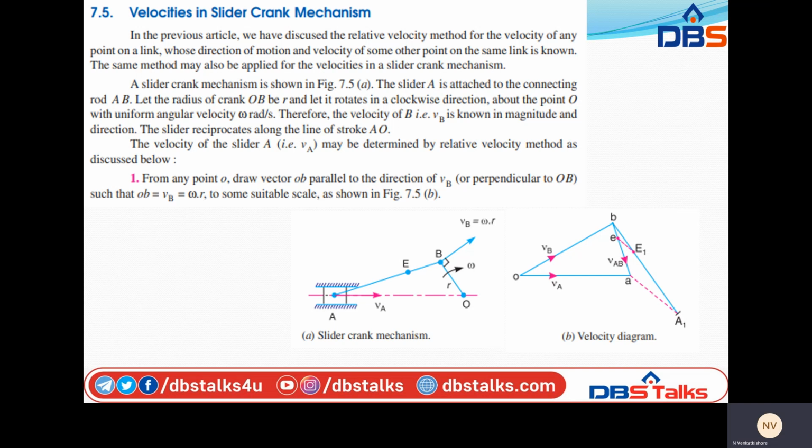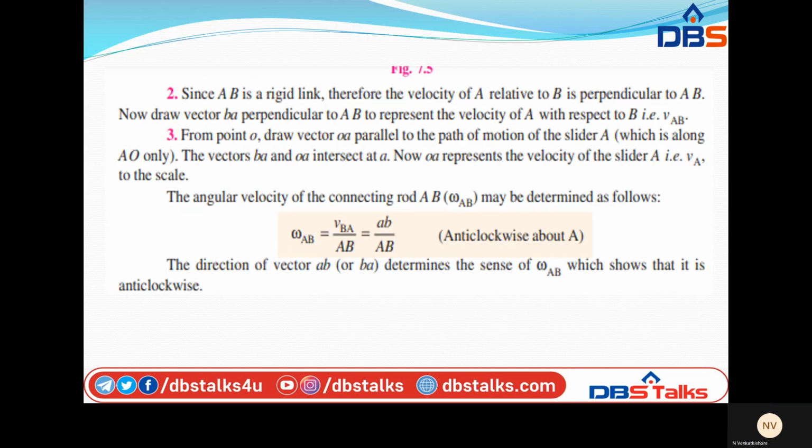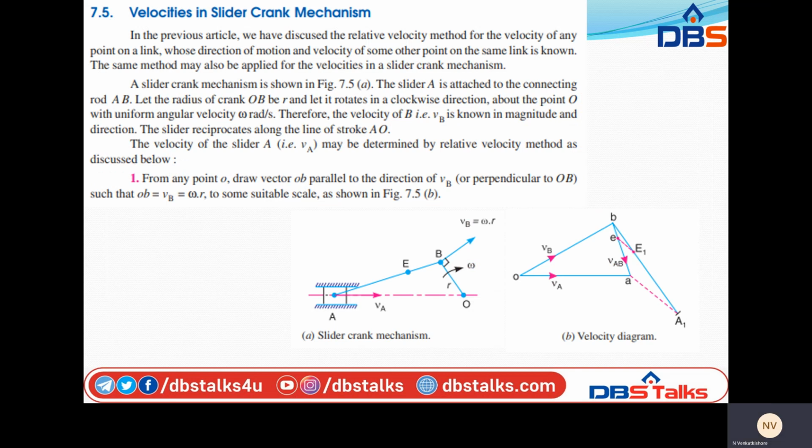Then velocities in the slider crank mechanism. In the previous discussion we covered the relative velocity method for finding the velocities of points on a link, when the direction of motion and velocity of other points on the same link is known.